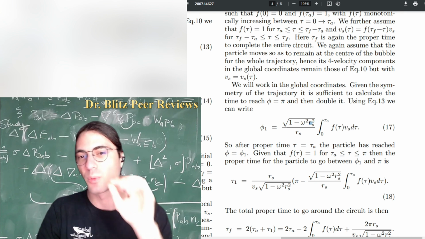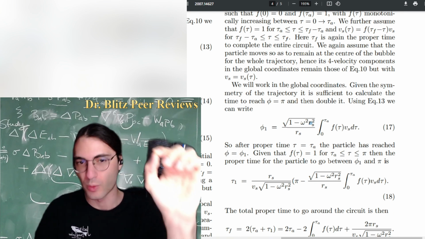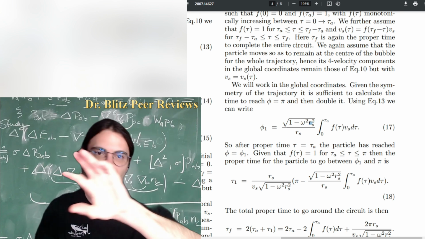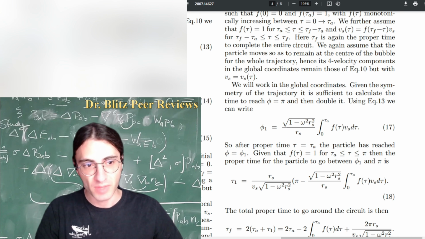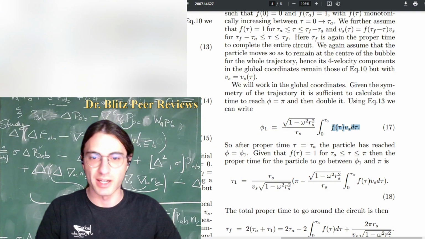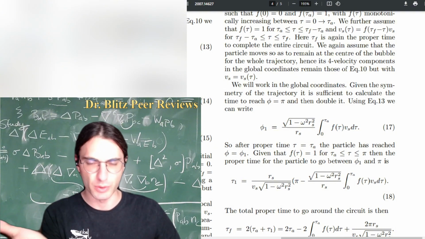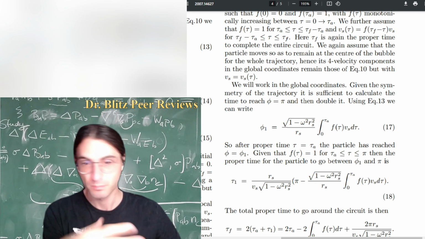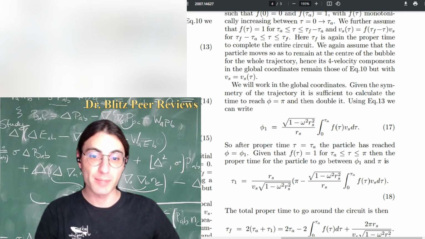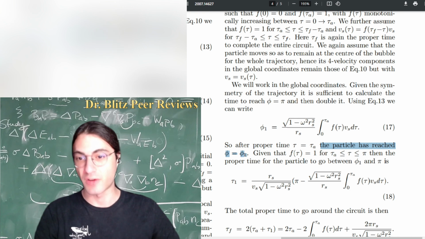Phi 1 is the distance that you've traveled around the circuit in the amount of time it takes for the warp bubble to accelerate to max speed. So this is max speed here, tau sub a. And so this is how far you're traveling around in that time. So this is the integral that you end up doing. You're basically just integrating the speed with respect to time, you get a distance. So after proper time tau equals tau sub a, the particle has reached phi equals phi sub 1.